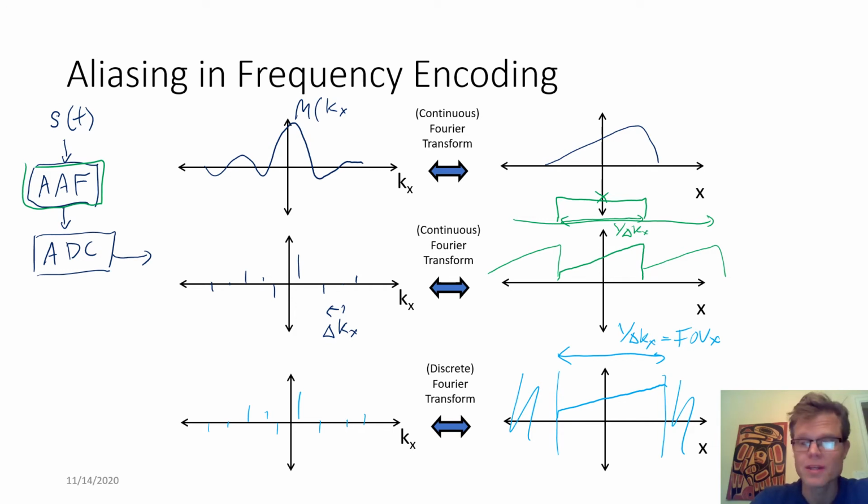This is because of the anti-aliasing filter, and we can apply an anti-aliasing filter on continuous value data as we have in the frequency encoding dimension. So bottom line, we can use the anti-aliasing filter in frequency encoding to not get aliasing.